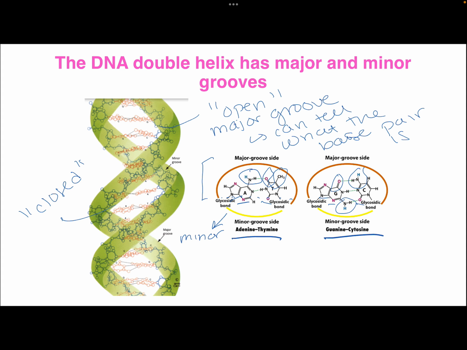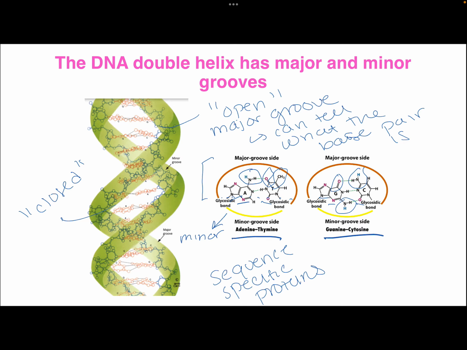And this has big functional implications because sometimes molecules like proteins that interact with the DNA need to be sequence specific. So when you're sequence specific, you have to be able to recognize the DNA sequence in order to bind correctly.